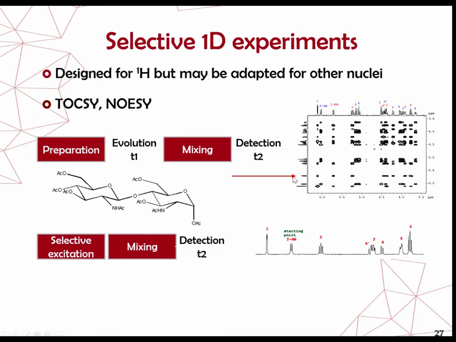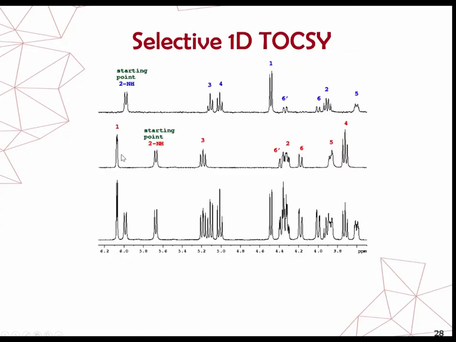For example, here, this is a TOCSY. So we want to look at the scalar couplings along the spin system. I'll show you on the next slide. This is the standard proton spectrum, and here we started from this peak.